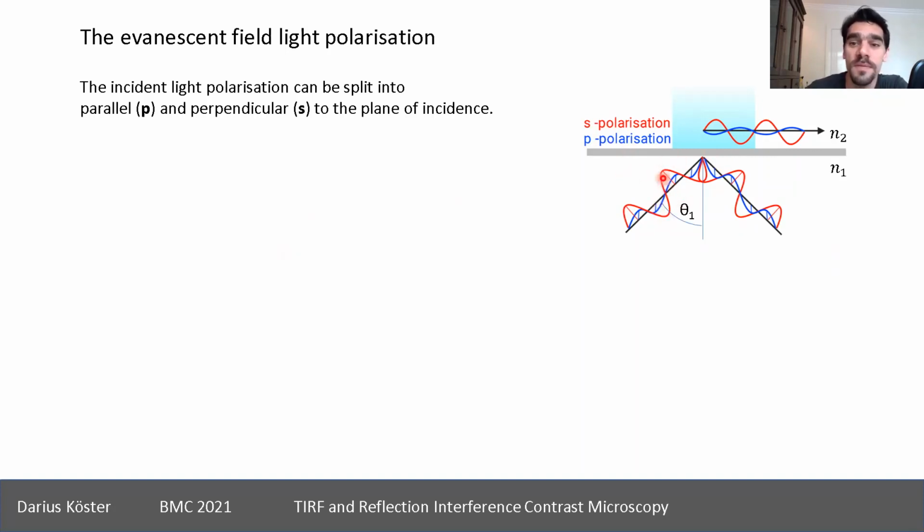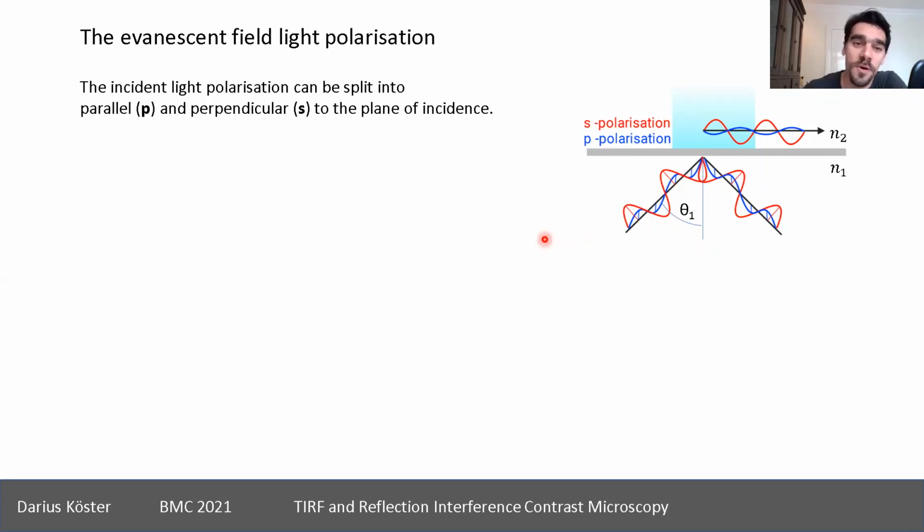The red curve describes the so-called S polarization, which is perpendicular to the plane of incidence. And the blue line I tried to draw parallel with this plane, so you see the change is within the plane. That's the P polarization.